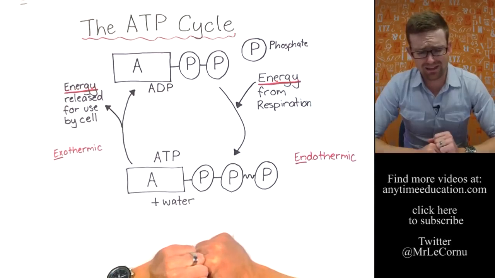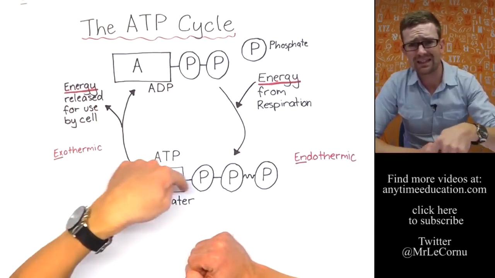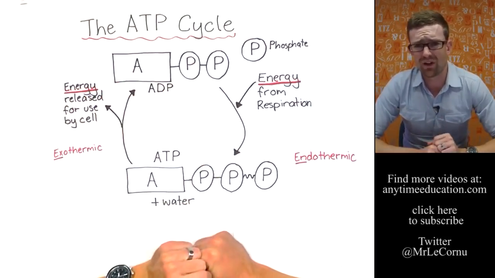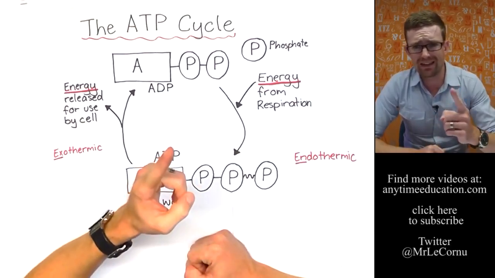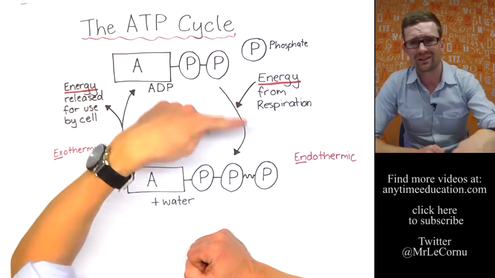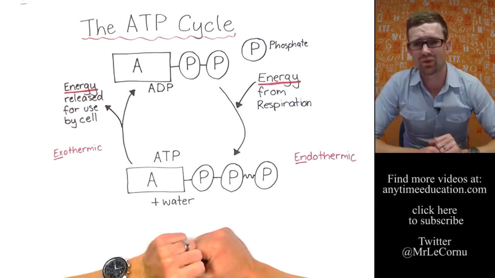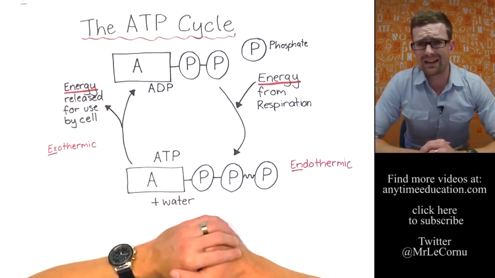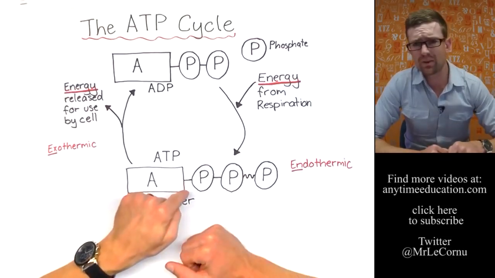And an amazing thing is the amount of ATP that actually gets recycled in this process. In fact, in one day, the equivalent of a human body weight of ATP is recycled in your body. Just think about that. So let's say you're 65 kilograms. In one day, your body uses up 65 kilograms of ATP.